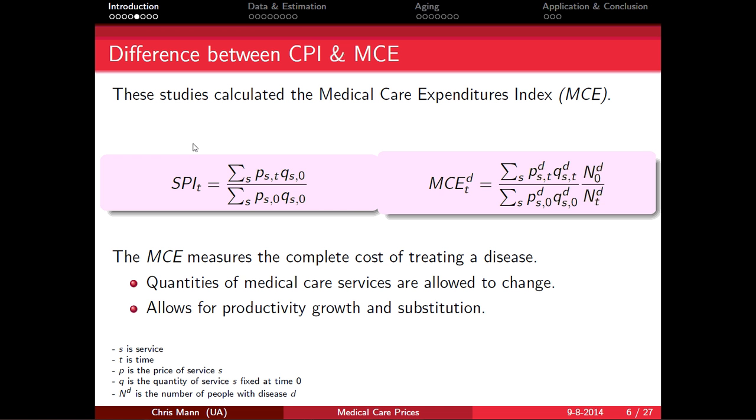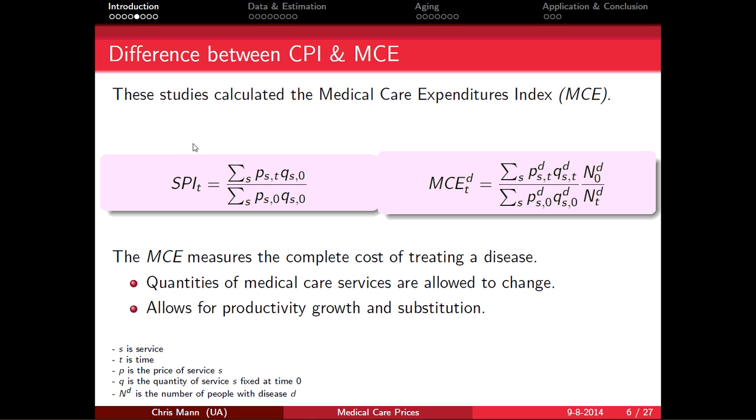So that if the treatment for heart attacks is becoming more productive, so that you need fewer stays at the hospital, maybe fewer visits to the doctor, maybe more medicine instead, then what's going to happen is that now, maybe the price will rise for a stay at the hospital, right? So P_S will go up, but since the treatment of the heart attack is becoming more productive, what's going to happen is that Q is going to fall, right?